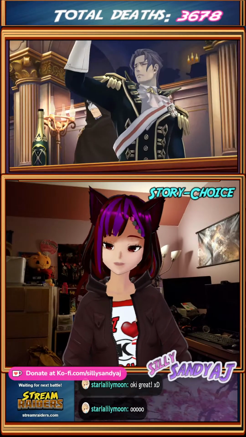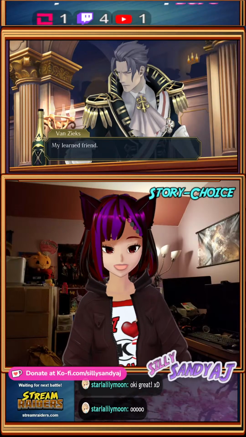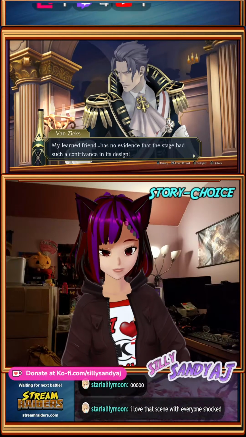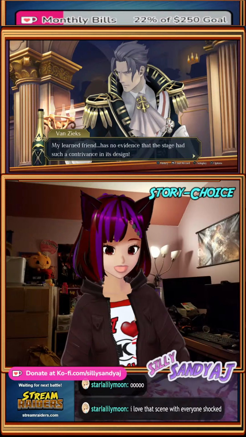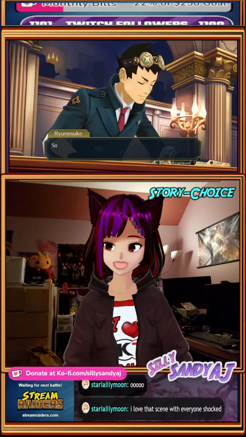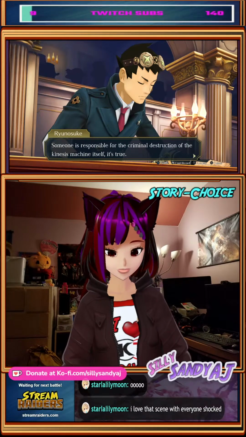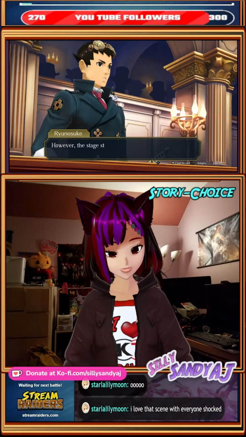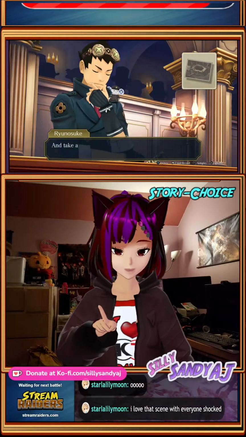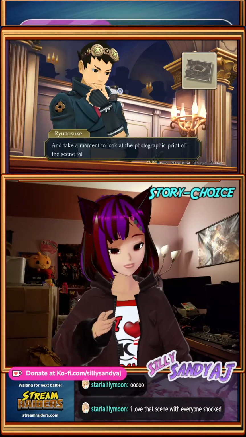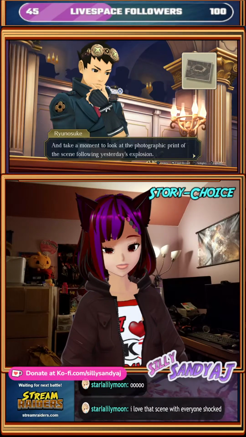Objection! Don't start that! My learned friend has no evidence that the stage has such a contrivance in its design. Someone is responsible for the criminal destruction of the kinesis machine itself, it's true. However, the stage still stands. And take a moment to look at the photographic print of the scene following yesterday's explosion.